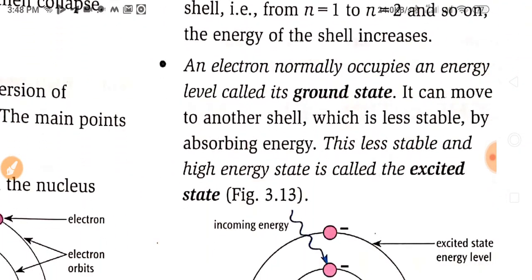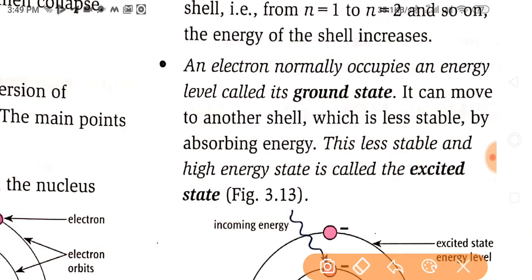An electron normally occupies an energy level called its ground state. It can move to another shell which is less stable by absorbing energy. This less stable, high energy state is called the excited state.